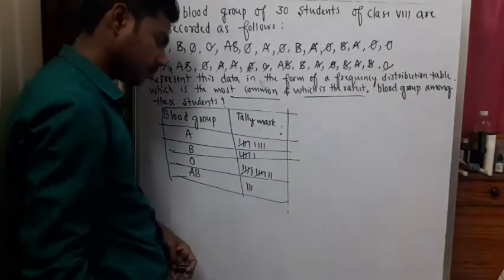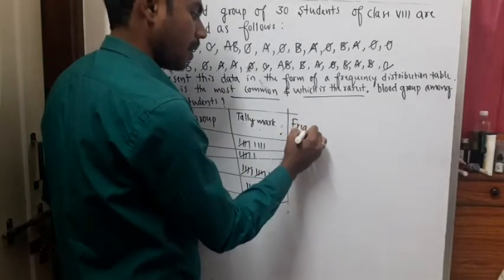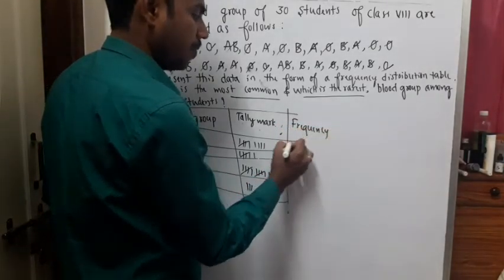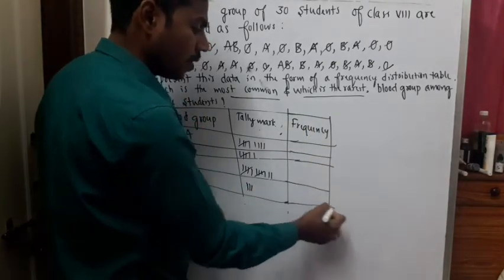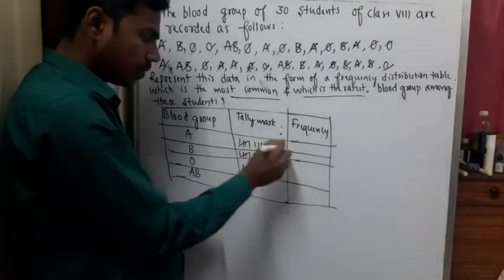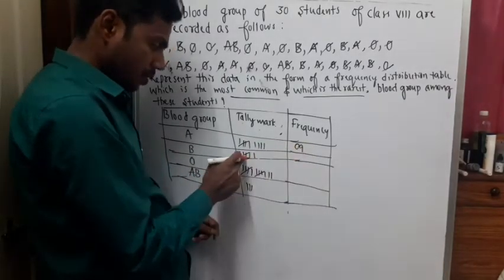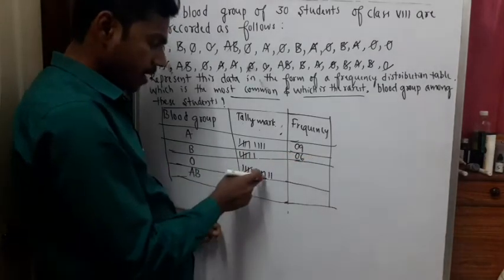Okay. Now we'll write the frequency here. We should be careful while writing this, and the frequency should match with the total number of students. So how many A's are there? 5 plus 4, 9. Then what about O? 12.